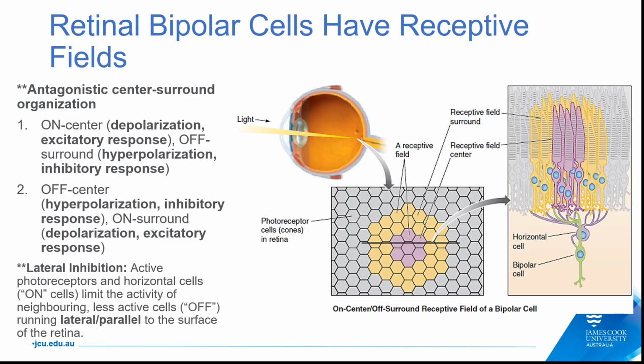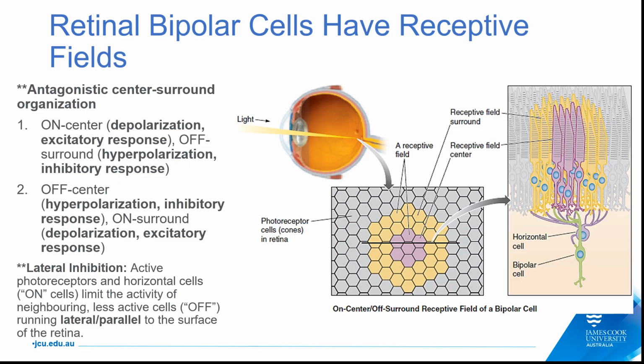That leads to hyperpolarization, so less excitatory, but it can also be an inhibitory response. Most of the time it's inhibitory in nature. Off-center, on-surround is basically the direct opposite of what I said. I'm not going to elaborate more on that.